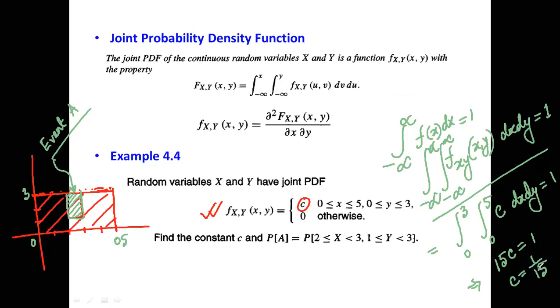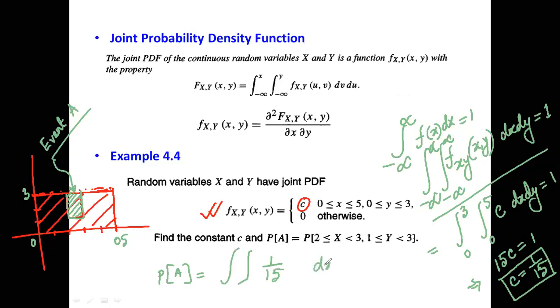Okay, so this C value equal to 1 by 15 we have found out from the known equation. Now, if I put the value of C equal to 1 by 15, then we can find out the probability of A. How can we find the probability of A? We can use this C value 1 by 15, and then we can use these two limits.